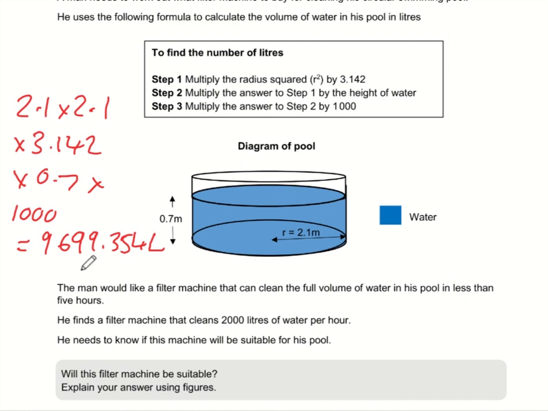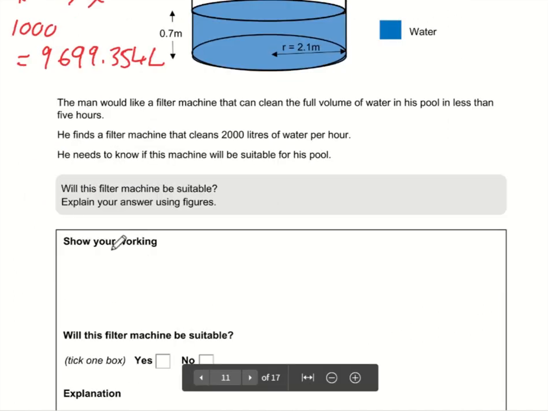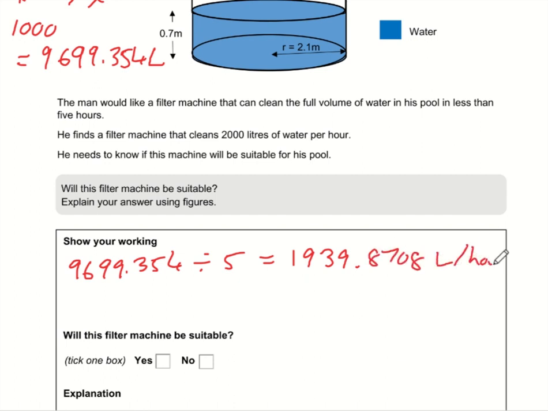Okay, so the man would like a filter machine that can clean the full volume of water in his pool in less than 5 hours. So if he wants this done in less than 5 hours, then if I divide this number by 5, that will tell us the hourly cleaning rate. 9699.354 divided by 5, and that is 1939.8708, and that is litres per hour.